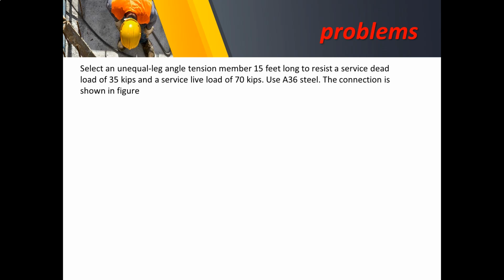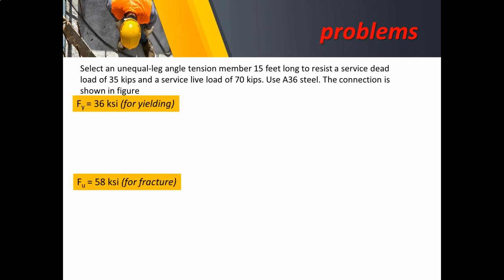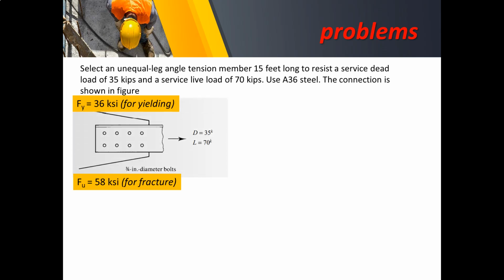We use A36 steel. Okay, we take note of the strength here in kips. So this is the configuration of the connection. So that is an angle of an equal leg. So the service loads are given.